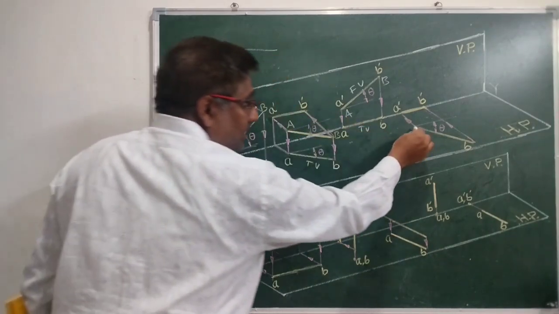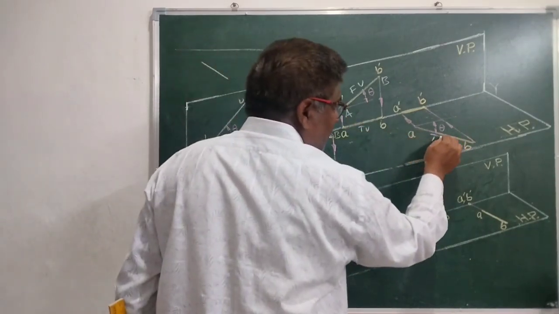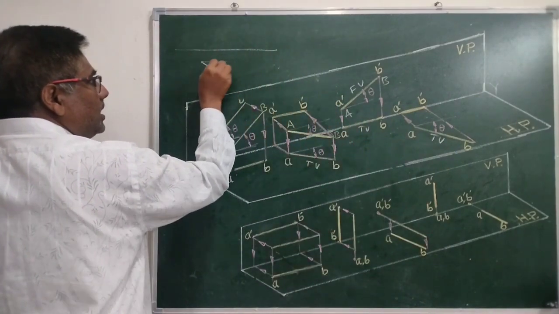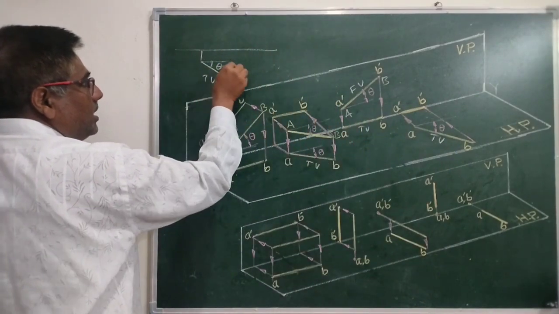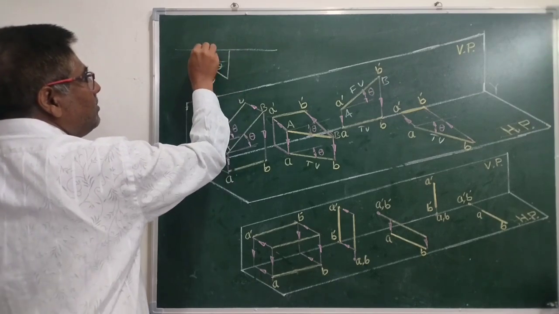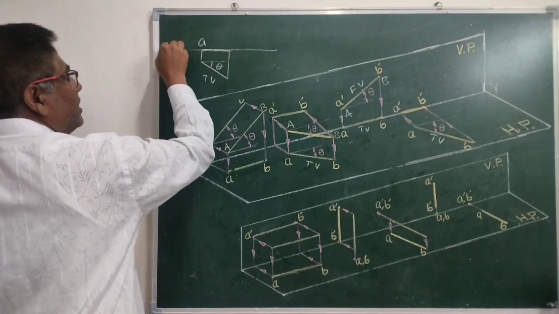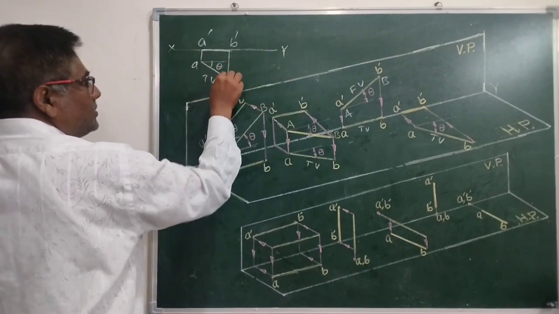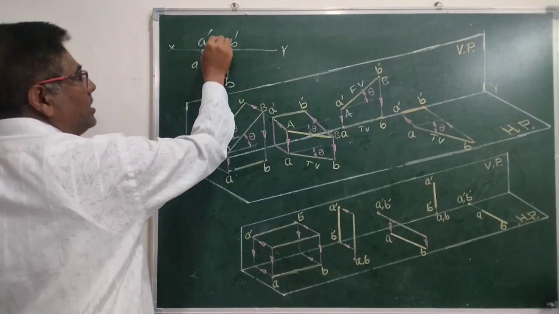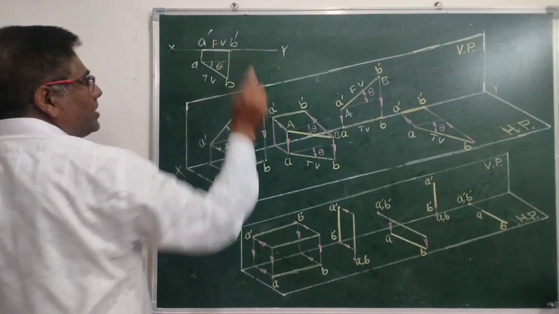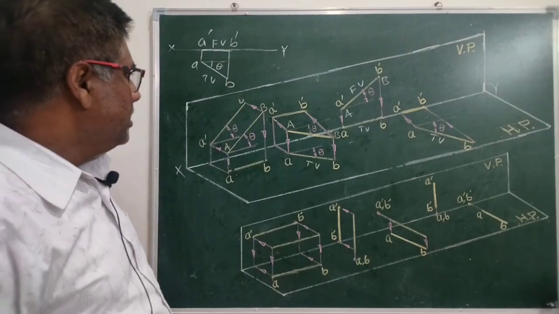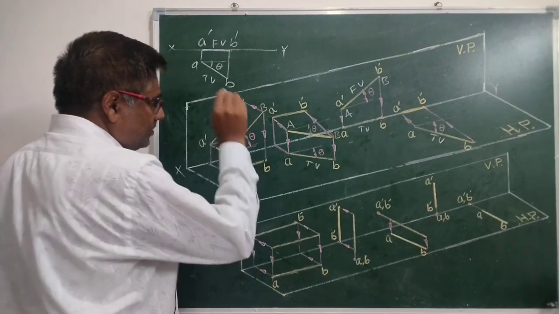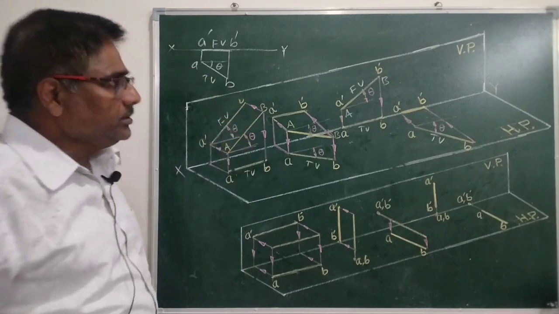Top view, the line itself will act as top view with true length and inclination, and its front view will come on XY line. AB is the top view and A dash B dash is the front view with apparent length.